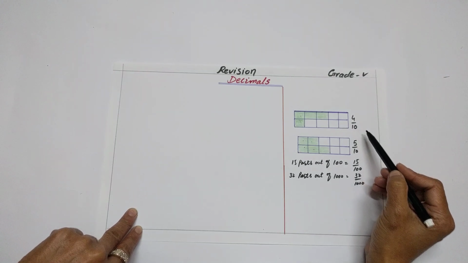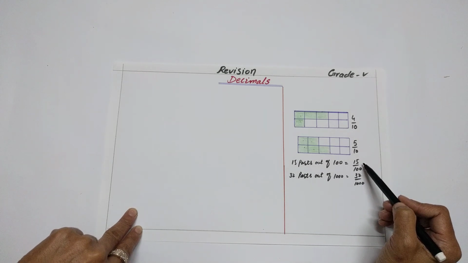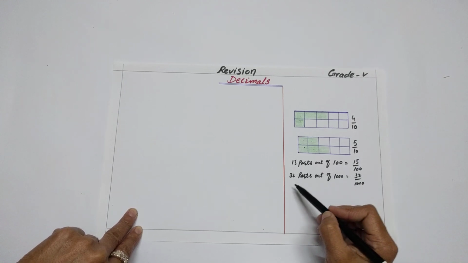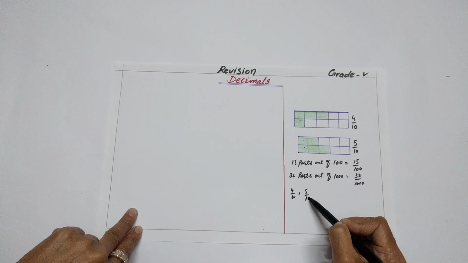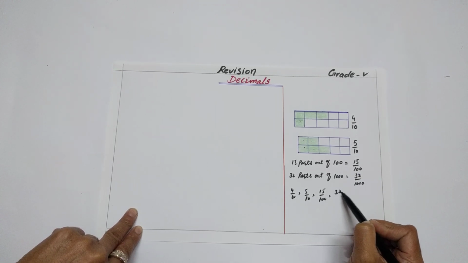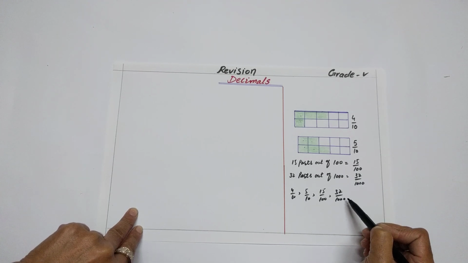That is, 4 parts out of 10, 5 parts out of 10, 15 parts out of hundreds and 32 parts out of thousands. These are called decimal fractions.